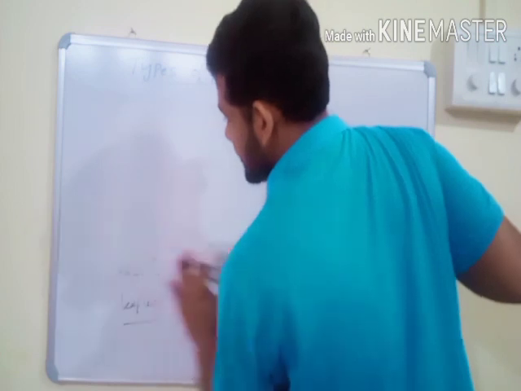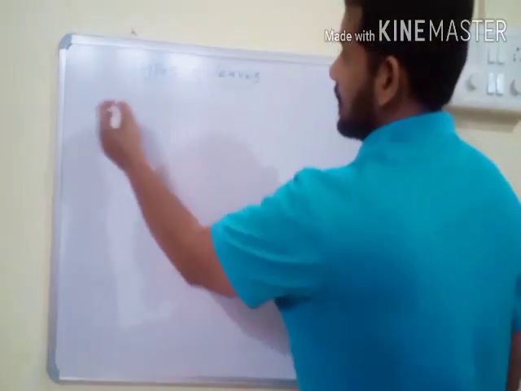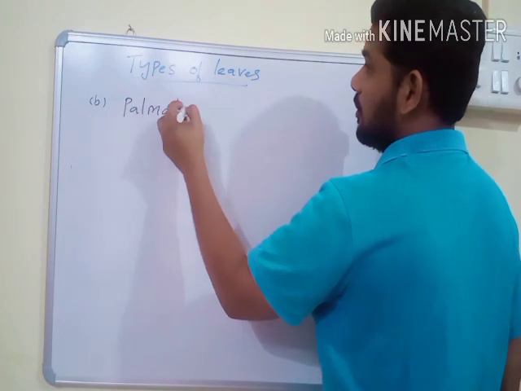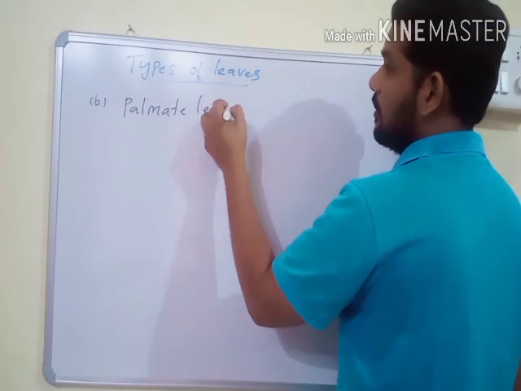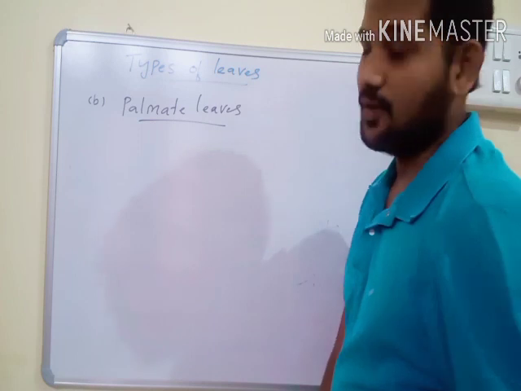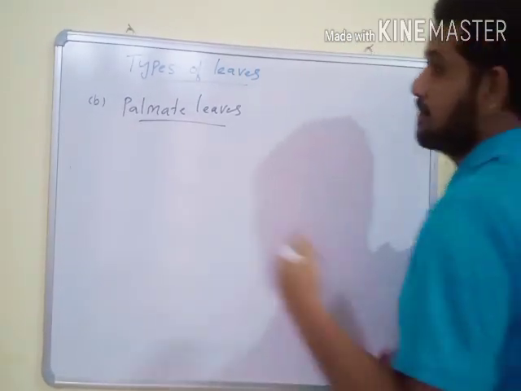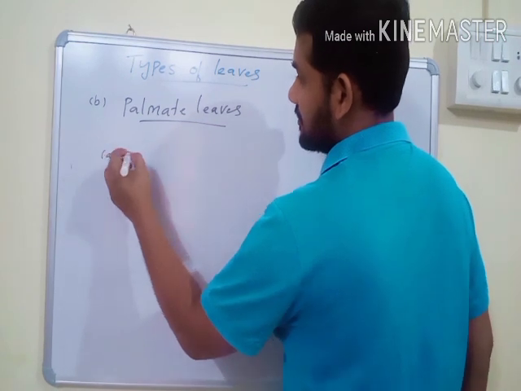And next one is palmate compound leaves. Second one is palmate compound leaves. In palmate compound leaves, all the leaflets are arranged from a common point, and depending on the number of leaflets, palmate compound leaves are again of different types.